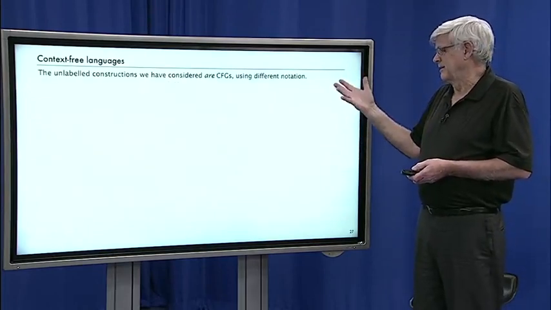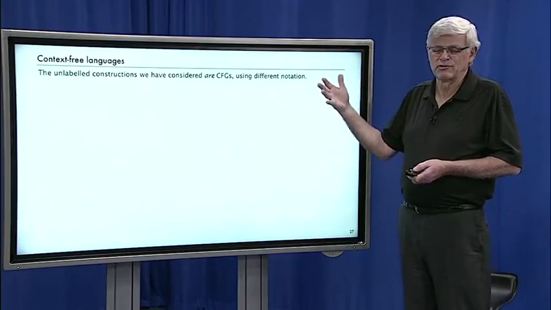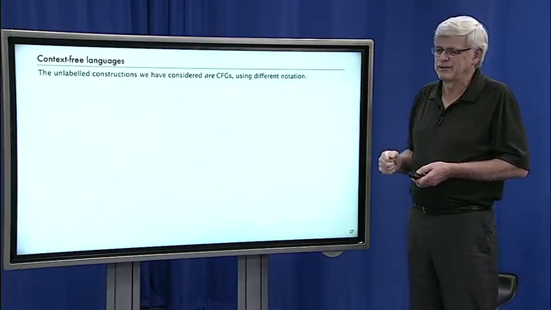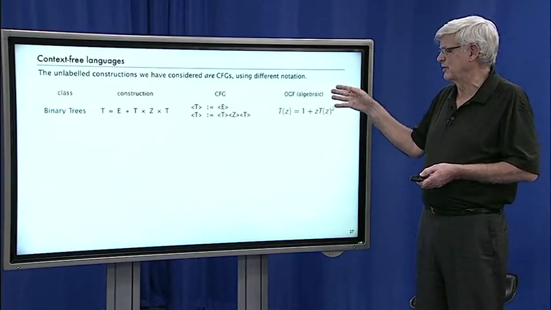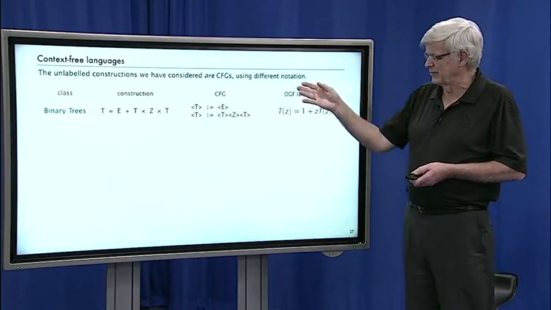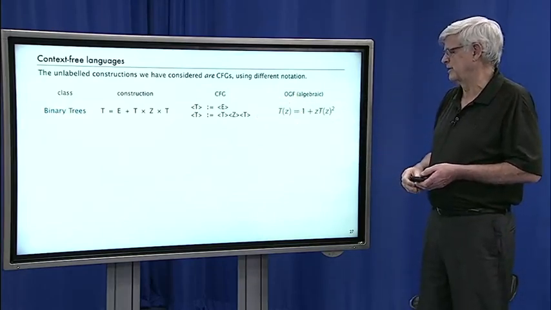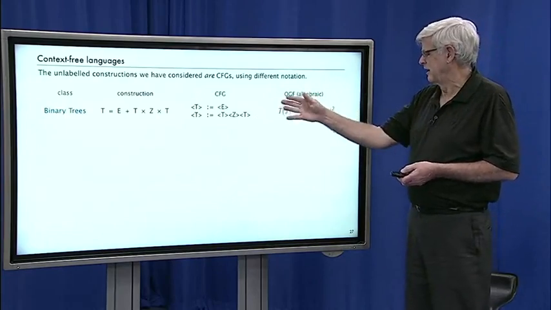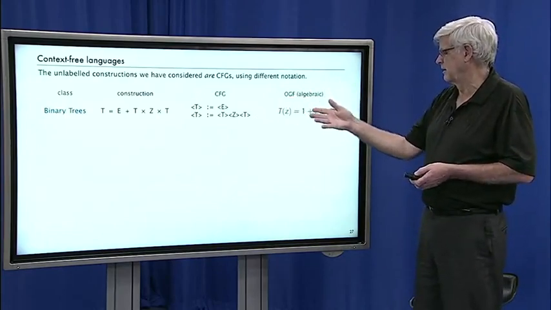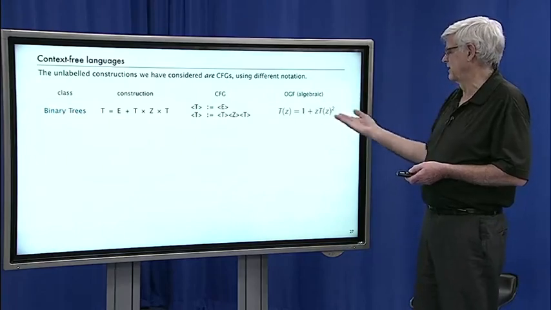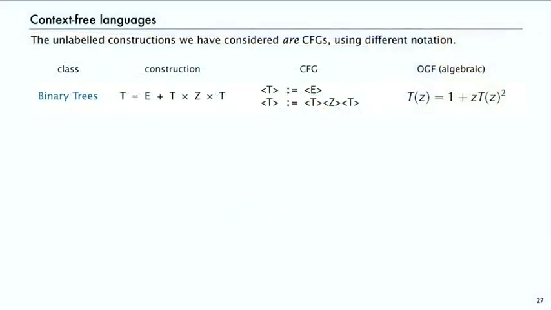Now, actually the constructions that we've considered are all unambiguous context-free grammars, just using different notation. So that's binary trees, but this is binary trees as a context-free grammar. And so then the OGF is going to satisfy, it's an algebraic function because it's a solution to an equation like that.